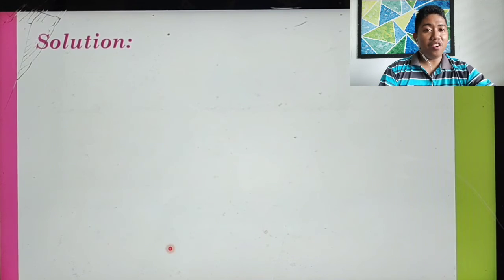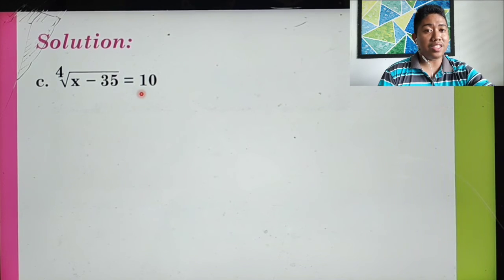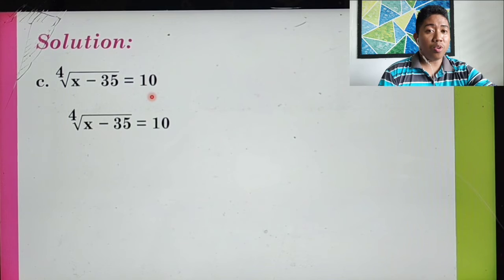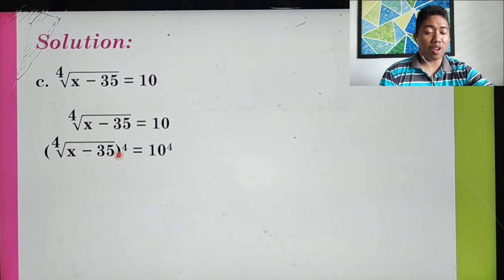Okay? And for letter C, how about the fourth root of x minus 35 is equal to 10? Again, we get the perfect fourth power on both sides of the equation. So the fourth root of x minus 35 raised to the power of 4 is equal to 10 to the fourth power.